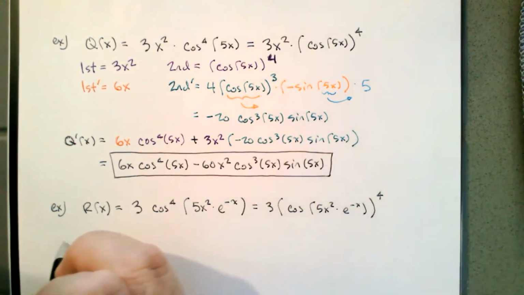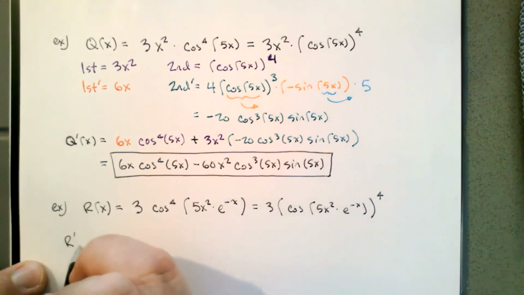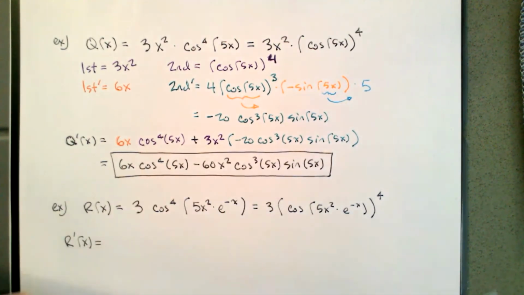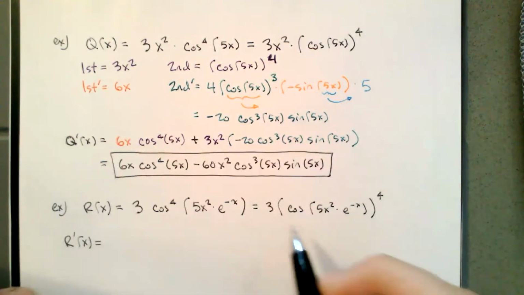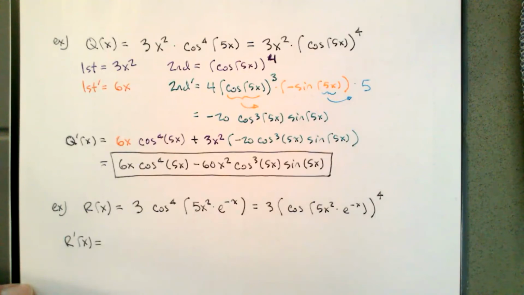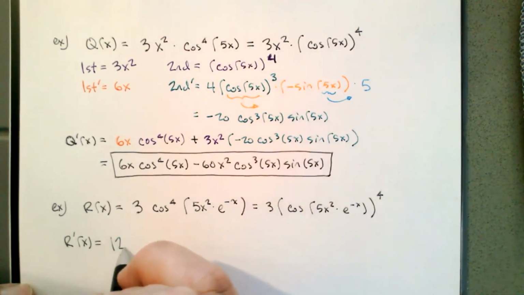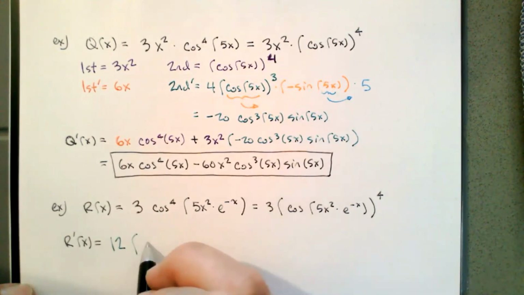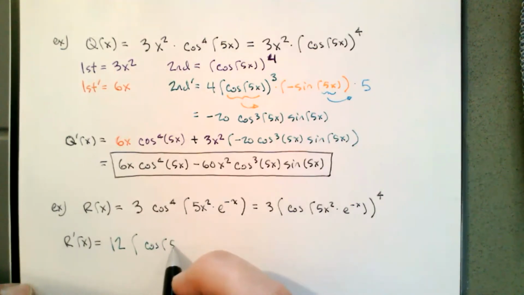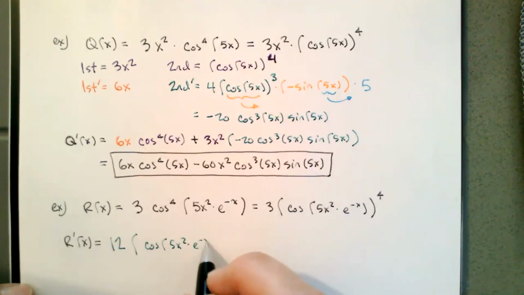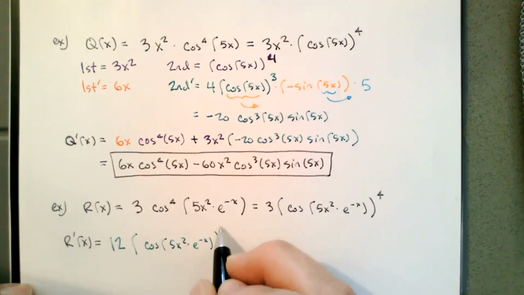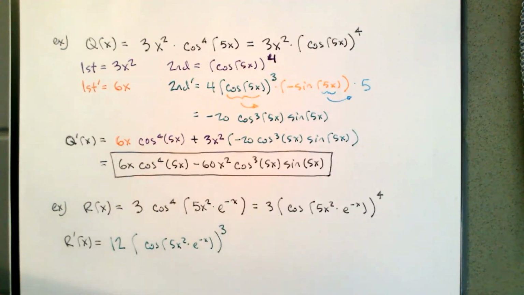So r prime of x. I'm going to start off with 3 thing to the fourth power. The derivative of 3 times this stuff to the fourth power is 12 times this stuff to the third power.